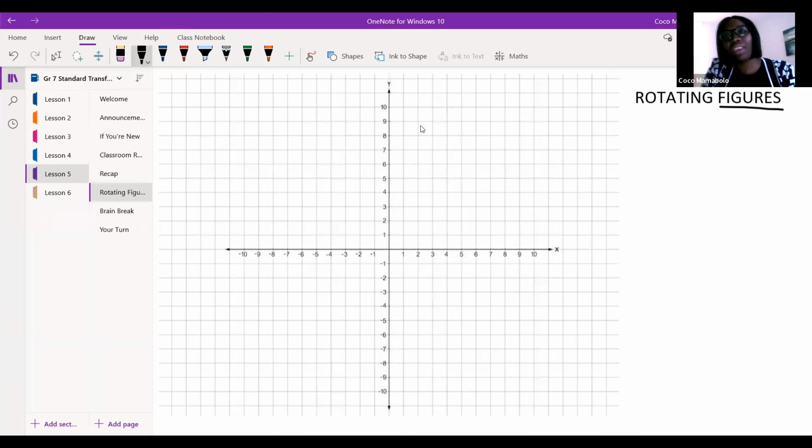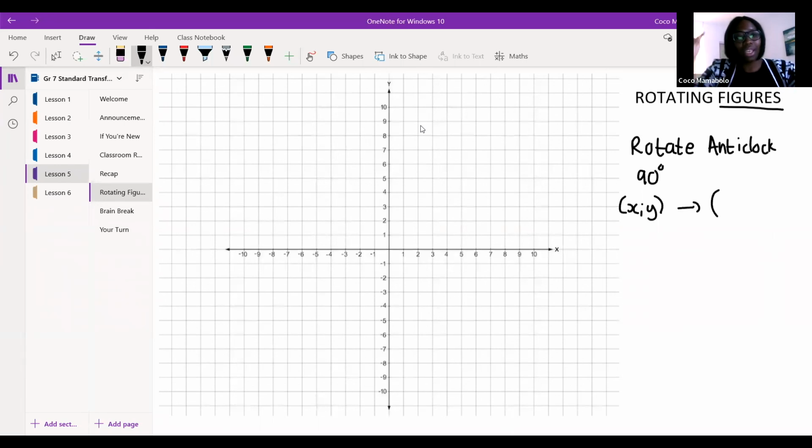So if I rotate anti-clockwise by 90 degrees, I go from X, Y, and then what happens to my signs? My X and my Y, they swap. So I'm going to have Y and X, and then my Y value will become negative.